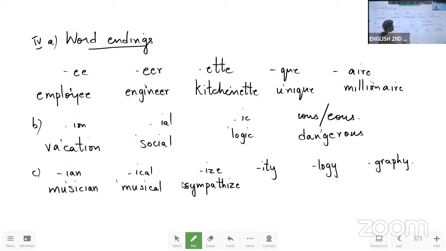So again on the first syllable. Possibility. Possibility. From the end, third syllable. Biology. Biology. So it comes here. Photography.